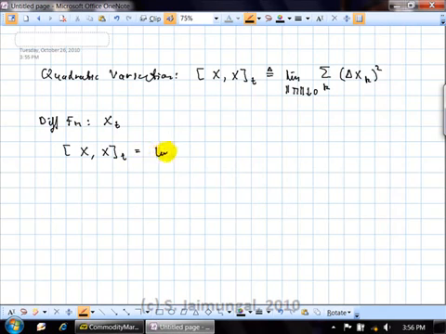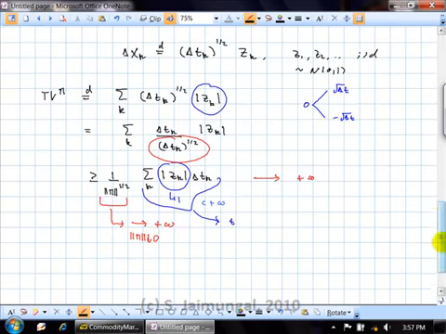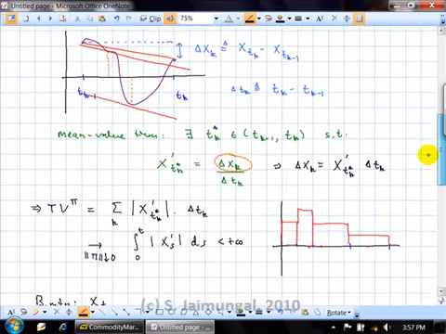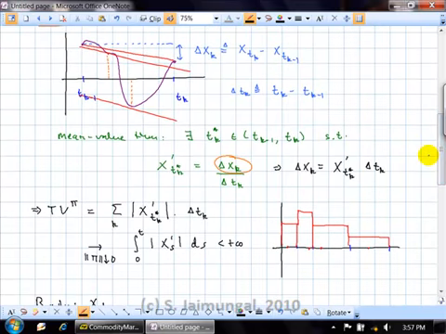So once again, we use the mean value theorem, and we can replace delta xk by the result that we had before for differentiable functions. Remember this? Delta xk is the derivative of x at tk star times delta tk.